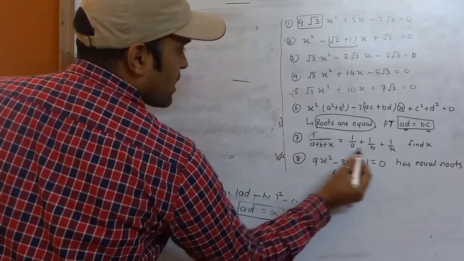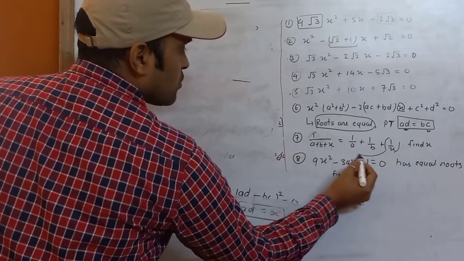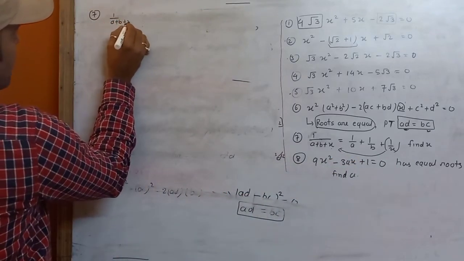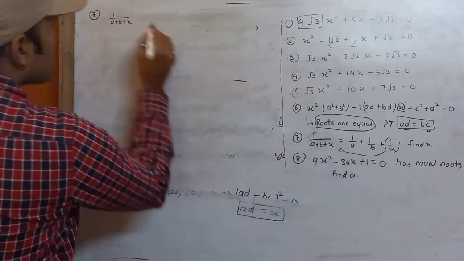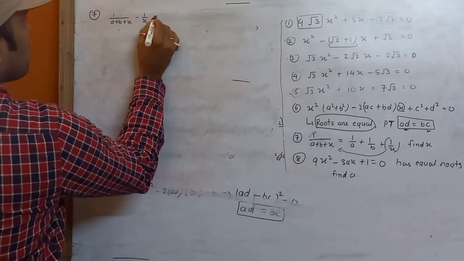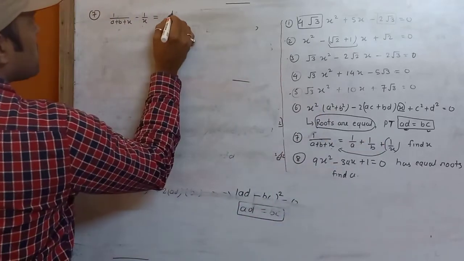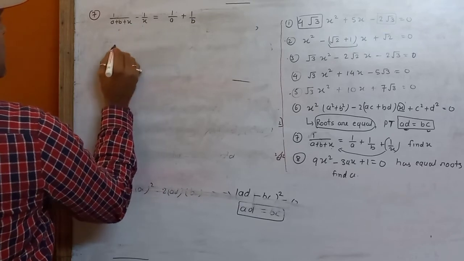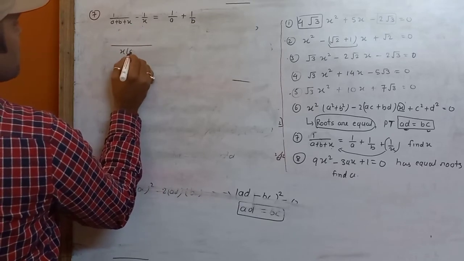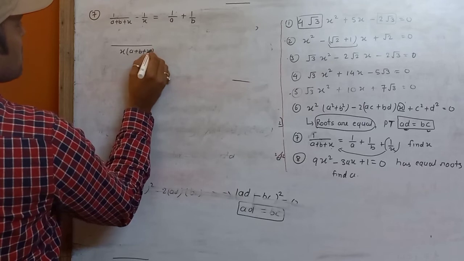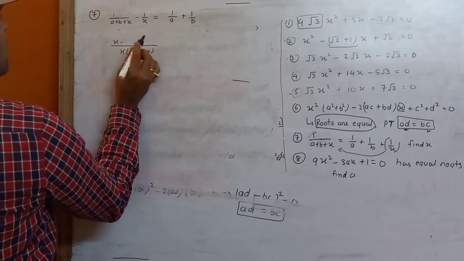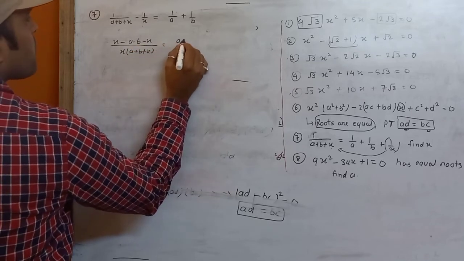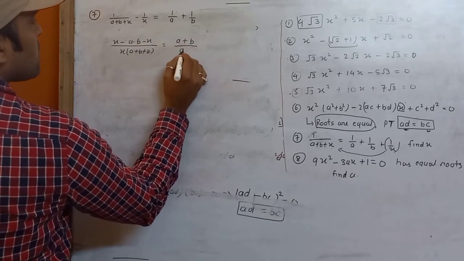Take the value with x to the left side. So here A plus B plus x minus 1 by x, and what remains on the right side is 1 by A plus 1 by B. Now solve it by taking the LCM. We get x minus A minus B minus x in the numerator, which is equal to A plus B divided by AB.